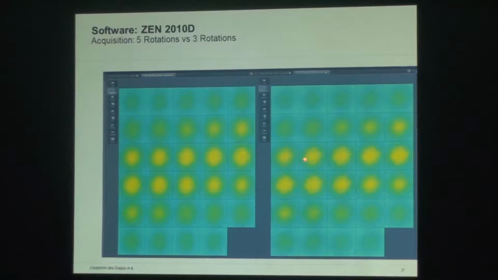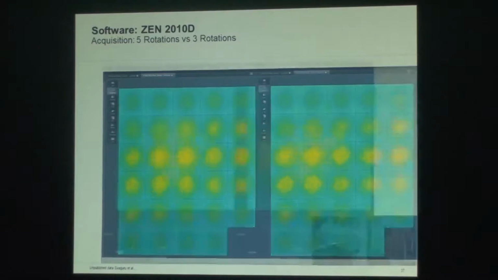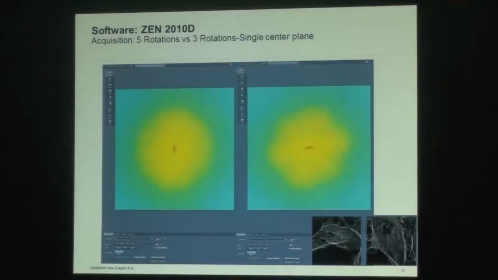You can see now the isotropic distribution of frequencies in the 5 rotations, where you don't see any modulations at those angles, but you can see there is some missing information among those circles, and obviously the image is not isotropic. But how much that is contributing to the actual image, I haven't done a very detailed analysis, and maybe I need to compare more samples.